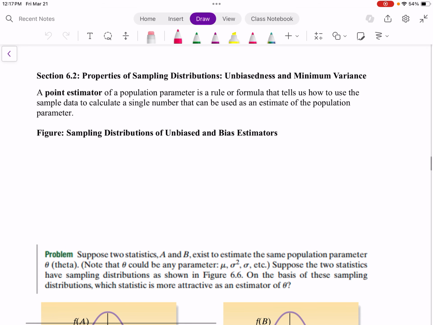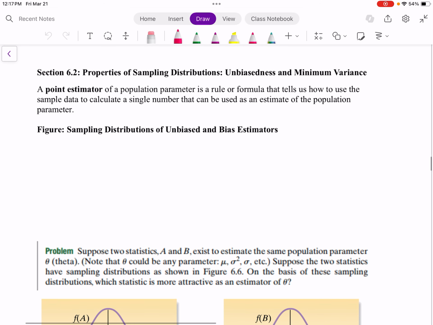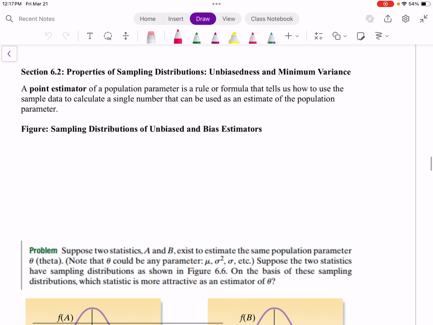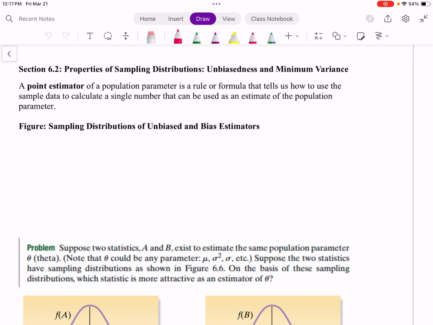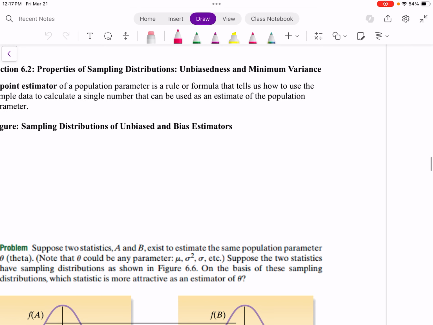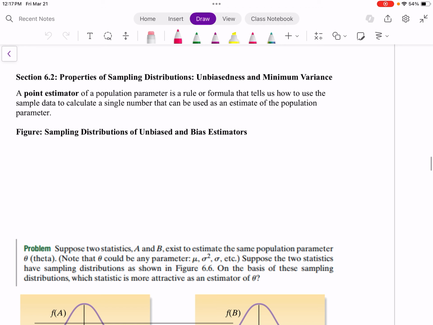Now in section 2.2, we will talk about the properties of sampling distribution, okay? So for example, we have a sample. From this sample, we calculate a number, what do we call it?